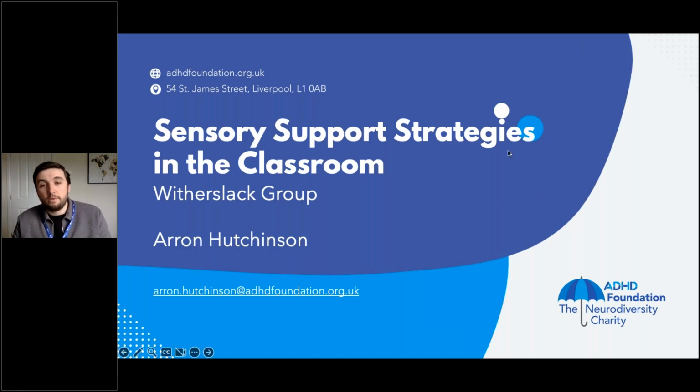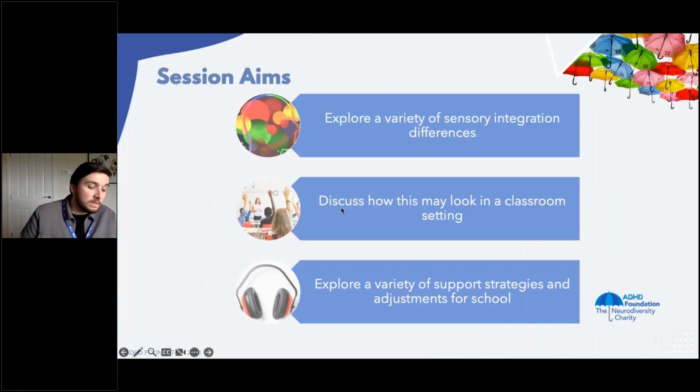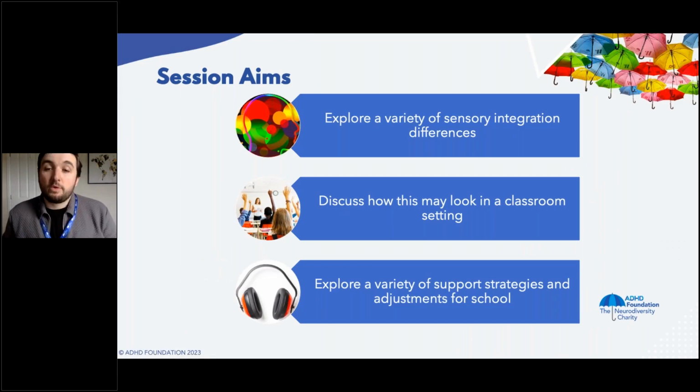So in terms of what we're going to aim to do in the next 40 minutes before we do some questions, we're going to look at a variety of sensory integration differences, and we're going to do that by exploring 8 senses today. So we're going to talk about the 5 that we know, sight, smell, sound, and so on. And then there are 3 others that we're going to look at as well, which you may well have heard of.